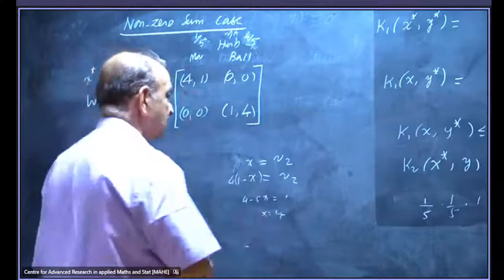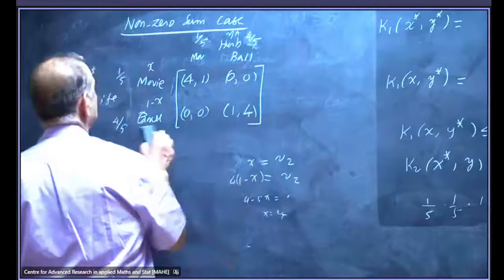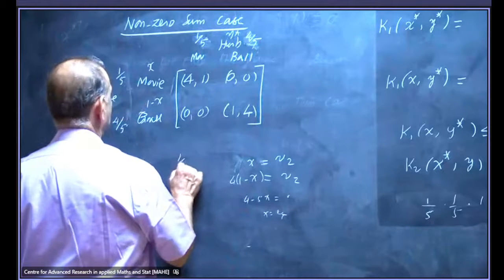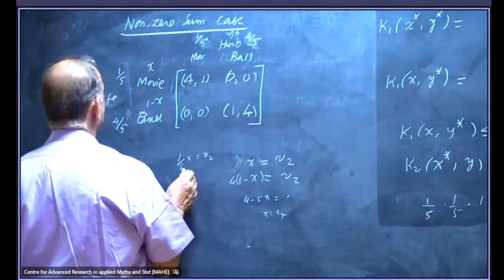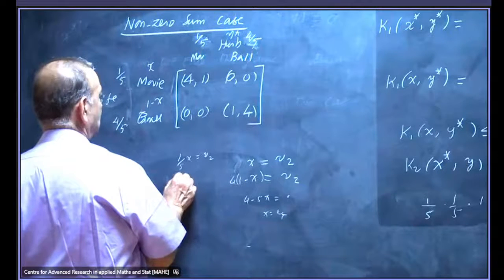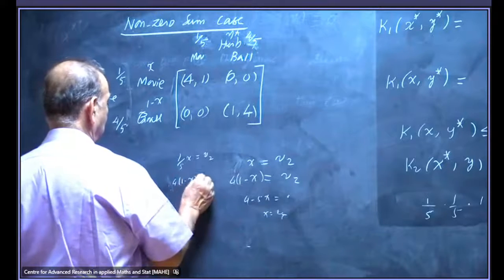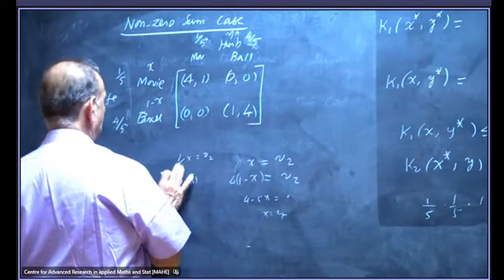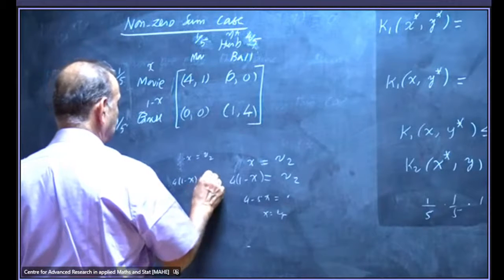In equilibrium, this has to be equal. X equals V2, 4 times plus also V2.